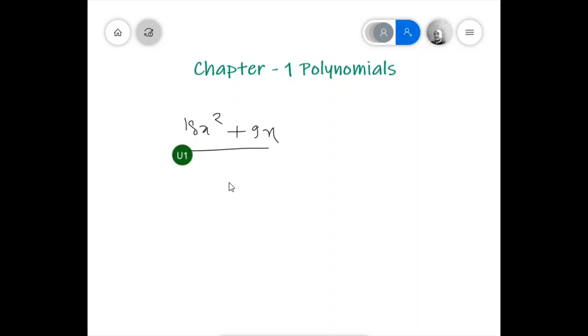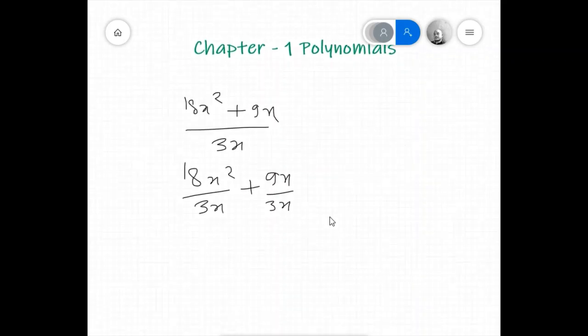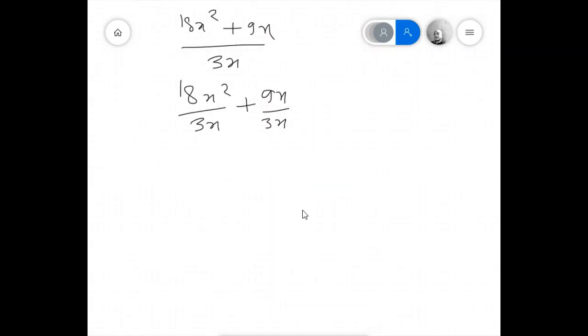So how will you do it? 18x square divided by 3x plus 9x upon 3x. We can separate the denominators. Is this okay to all of you? Now, what we did in the previous question, it is similar to that.